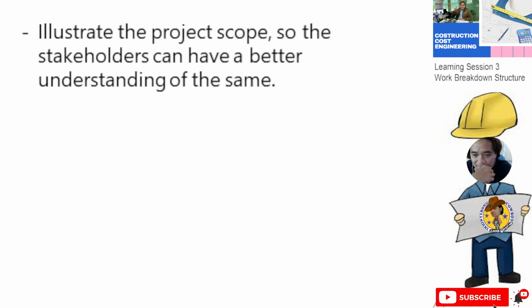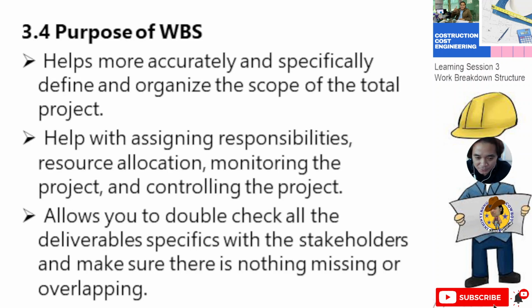Then lastly, it illustrates the project scope so the stakeholders can have a better understanding of the same. Okay, so here are the purposes of the work breakdown structure. This is the purpose of why we are using this one, and many companies use this method.